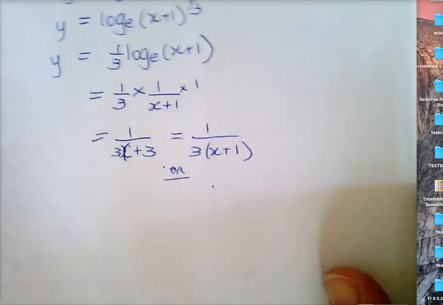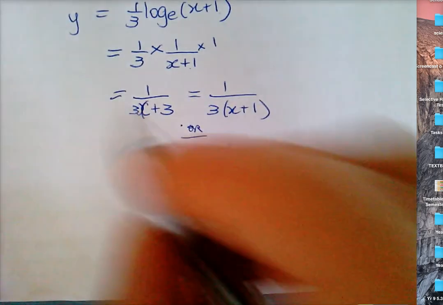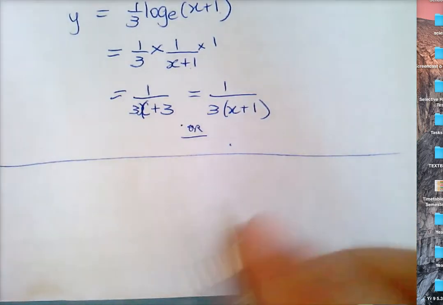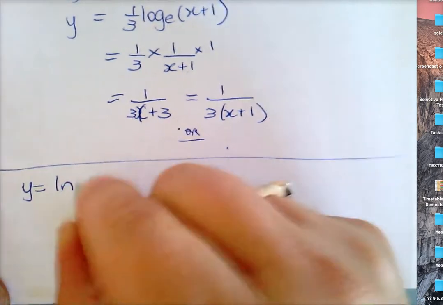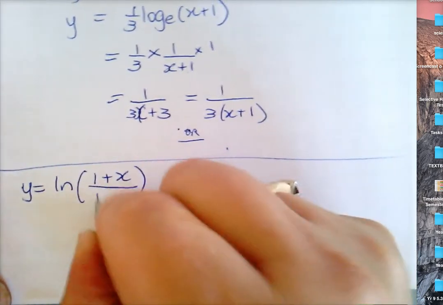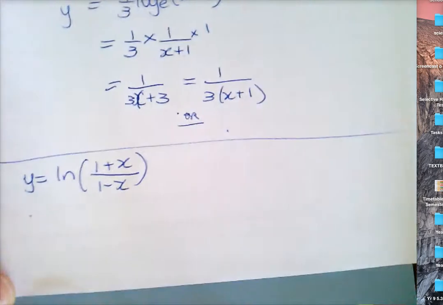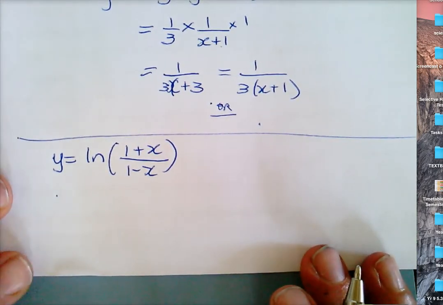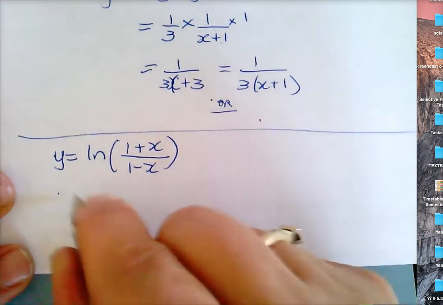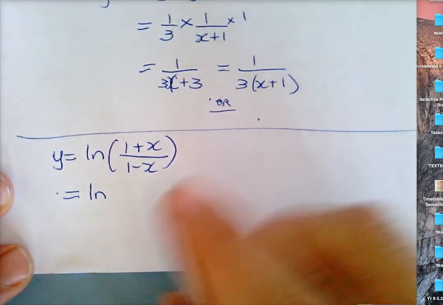All right. What about this one? If y is ln of (1 plus x over 1 minus x), how do you differentiate that? We did some like these anyway. Do you remember this? ln what?